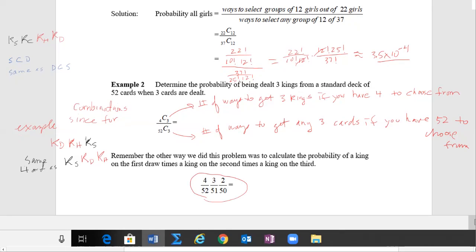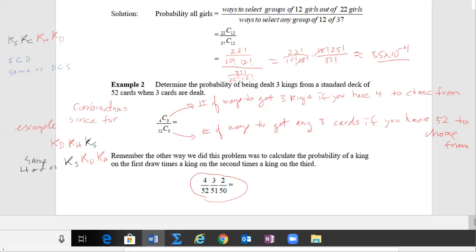No replacement. So now you have 3 kings left. You're assuming that it was a success. Now you have 3. So these are long run probabilities. And we're assuming it was a success. 3 on the second one out of 51 and 2 out of 50. So that's what we would have done before we knew how to count like this.